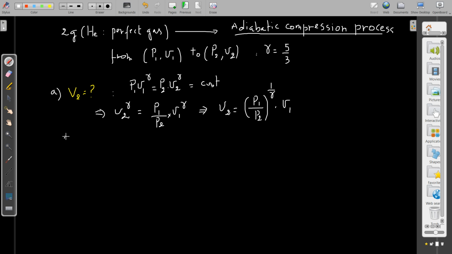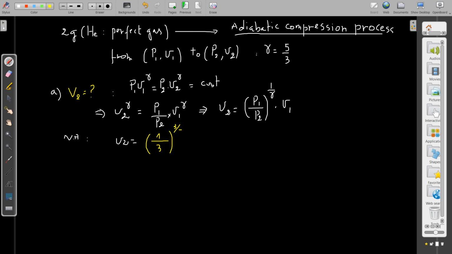Numerical application, and we finish part A. V2 is equal to, now it's easy, pressure 1 and pressure 2. Pressure 1 was 1, pressure 2 was 3, in bar, bar and bar can be cancelled out, to the power of the inverse of gamma, which is 3 over 5.